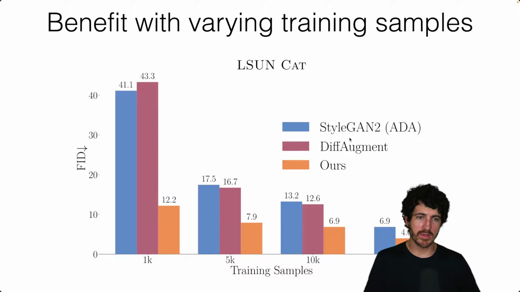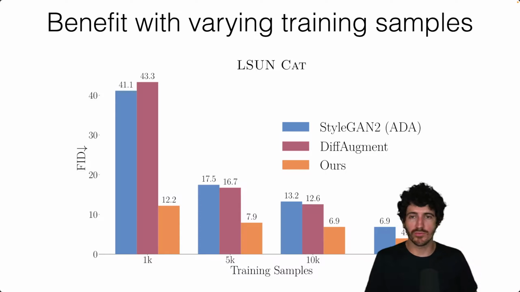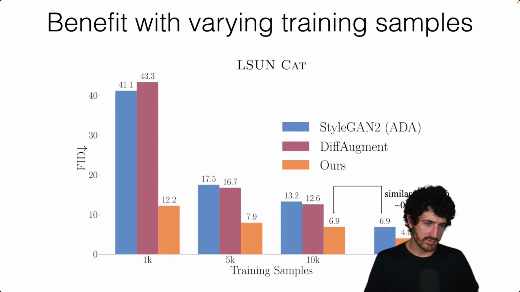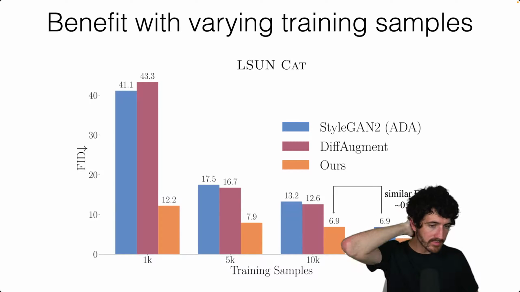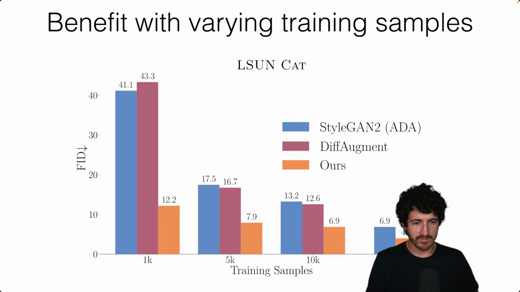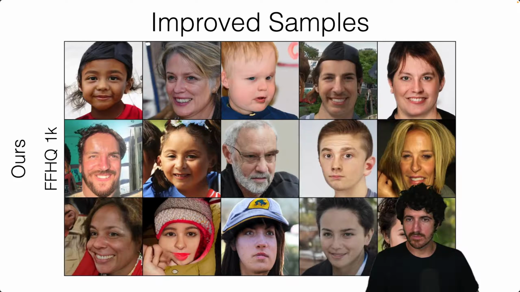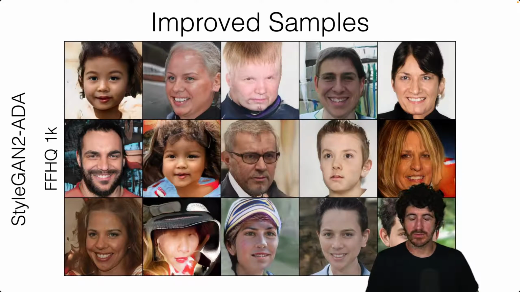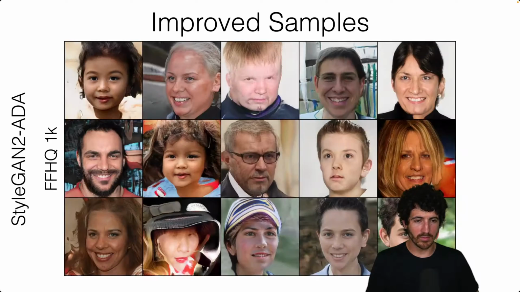So FID is the measure. The smaller the number, the more the images resemble real images. They look more realistic, definitely.